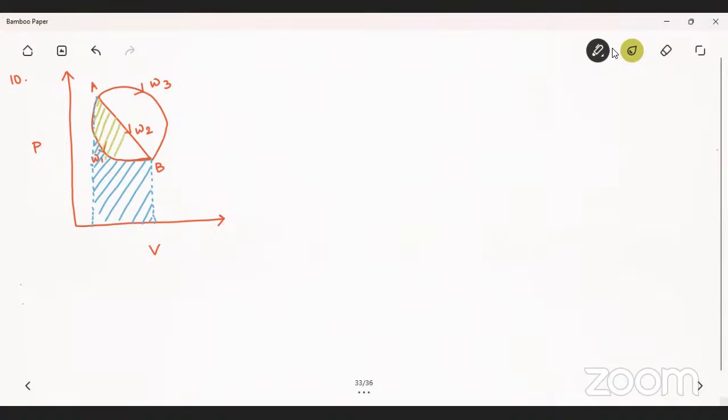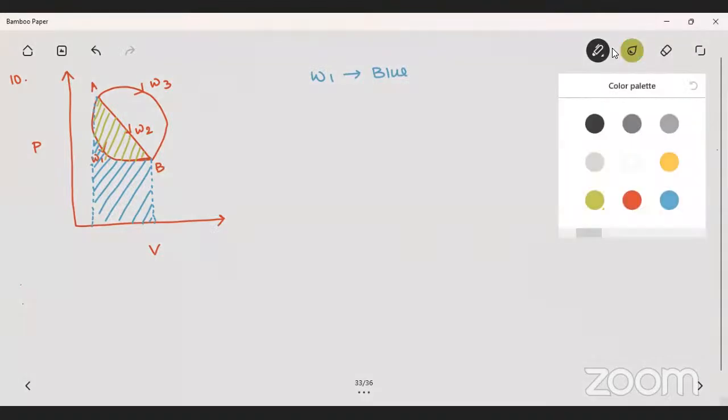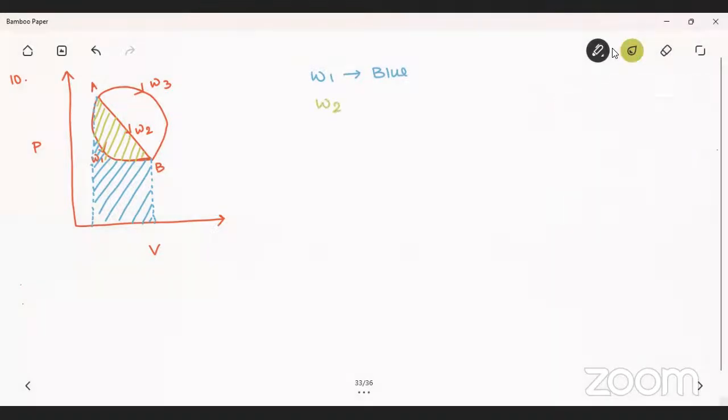Only this much. Yes, ma'am. Area for W2 is blue plus green. Acha, let me write. W1 is blue. Okay. Area under W2 is green plus blue.